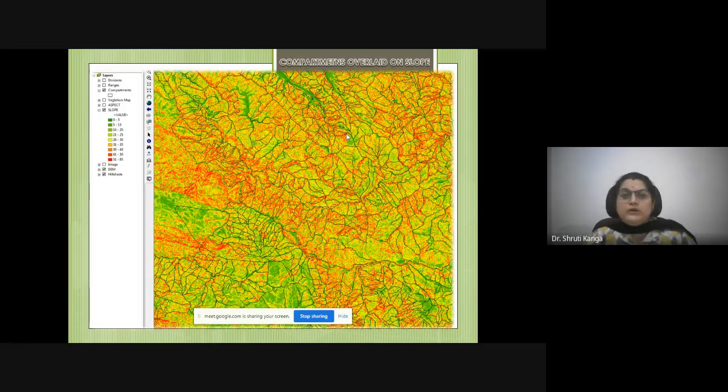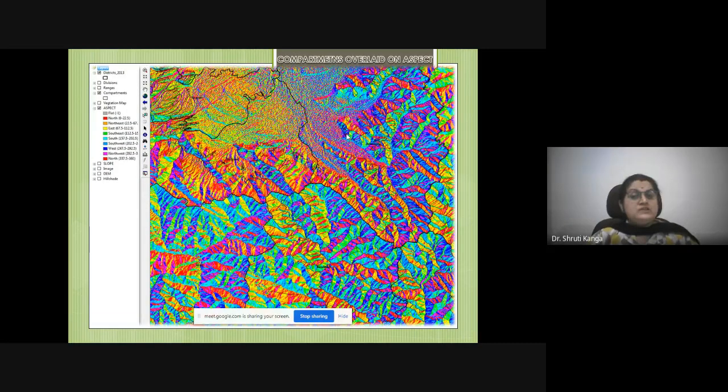Then about the aspect also, we can have an idea about the humidity and moisture content, as the south-facing slope gets the direct rays of the sun. So we can have an idea that in southern parts we have more dry types of forest, or there are more chances of forest fires.